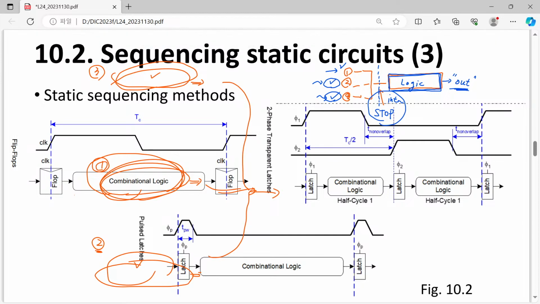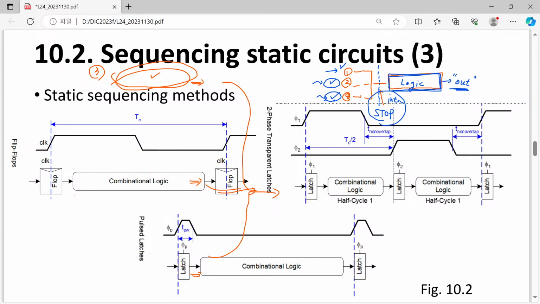So, simply speaking, of course, minimizing the delay of our combinational logic is quite important. However, nobody can perfectly match the delay of a certain logic circuit.